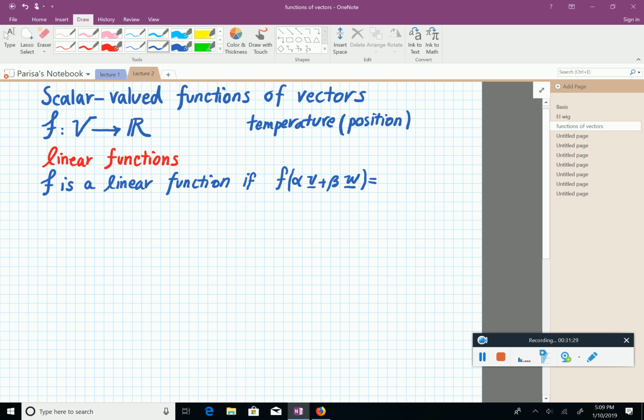If you input a linear combination, the output would be the linear combination of outputs with the same coefficients. Let me write it, then it's very clear. And this should hold for every scalar in the real space, and also for every vector in the vector space.